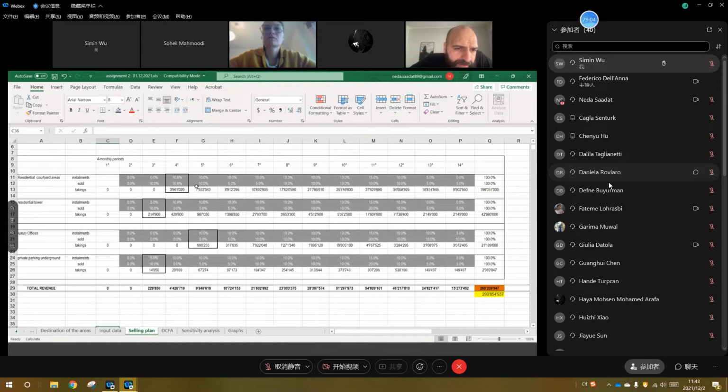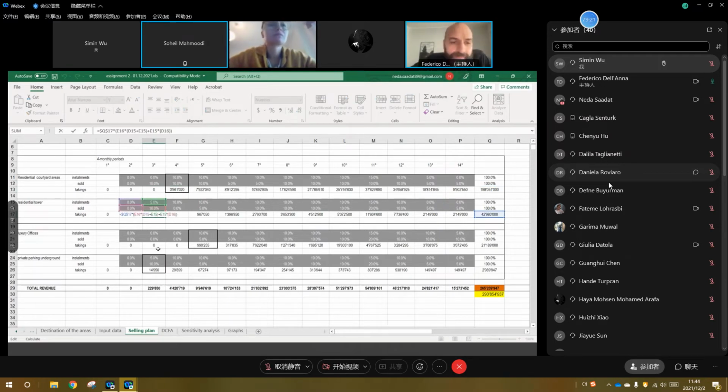Maybe yes, because you multiply the value by period number 3. Number 3 here. Yes, not in the upper cell, for residential courtyard.